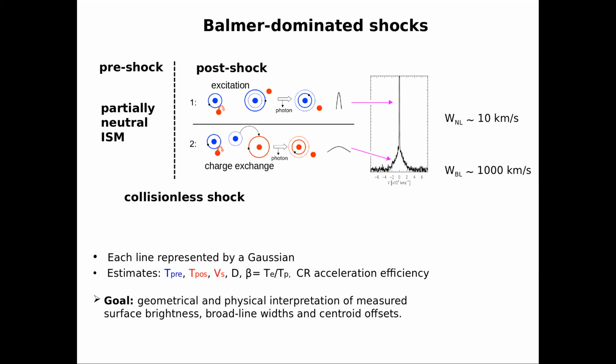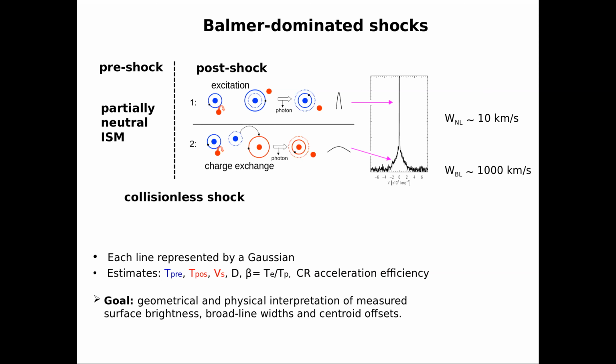So I'm working on Balmer-dominated shocks. These shocks are non-radiative and collisionless, propagate through partially neutral medium, and have a very strong spectral signature, which is a double component H-alpha line.